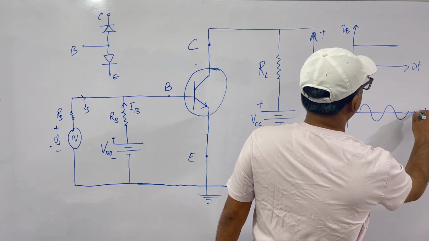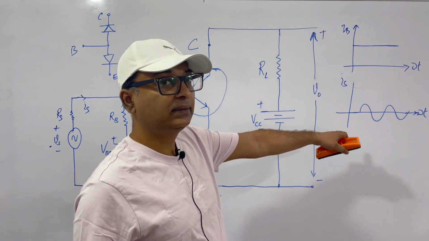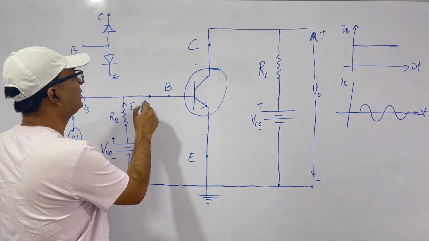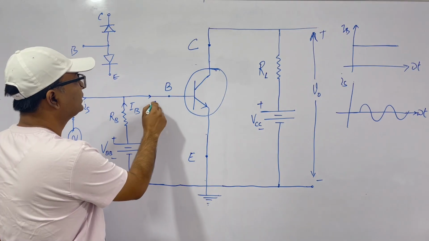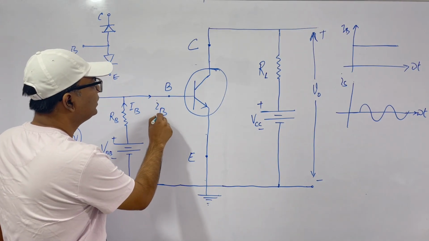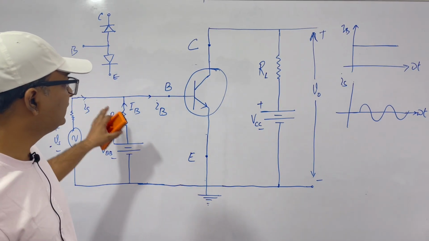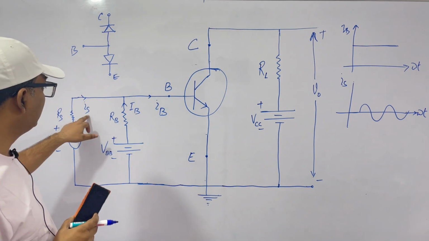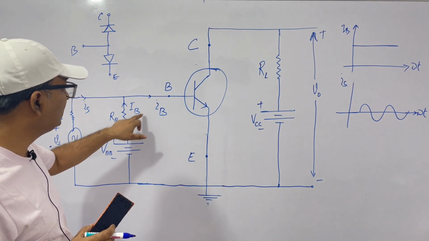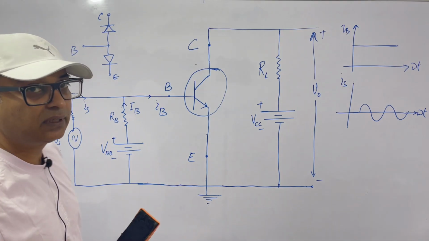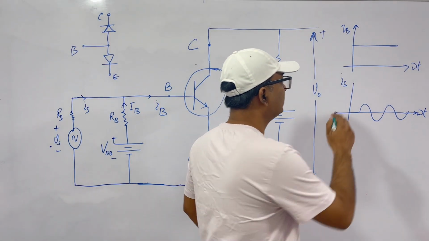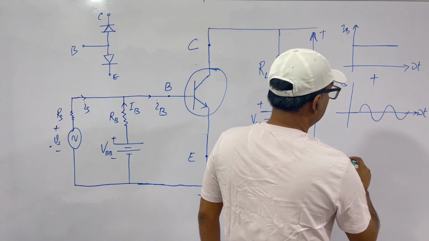This is IS, this is IB. What happens? This current that gets into the base is denoted as IB. These are conventional notations: IS, capital IB, small IB. You will find almost in all the books these notations are used. So if you add these two, what happens?